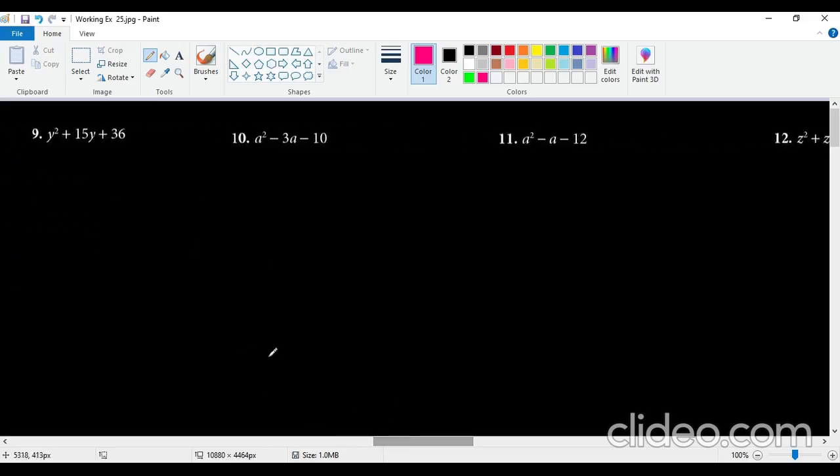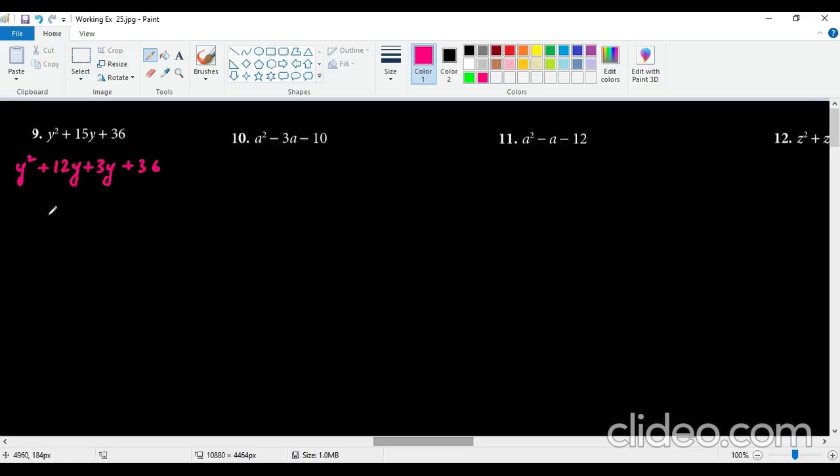In here, I know very well that 12 times 3 is 36, and 12 plus 3 is going to give us 15. So I will write y square and plus 36 in the corners, and I will write 9 times 12 times 3 is 36, and 12 plus 3 is going to give us 15.